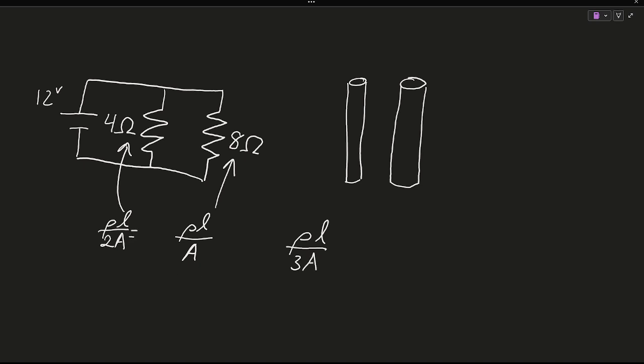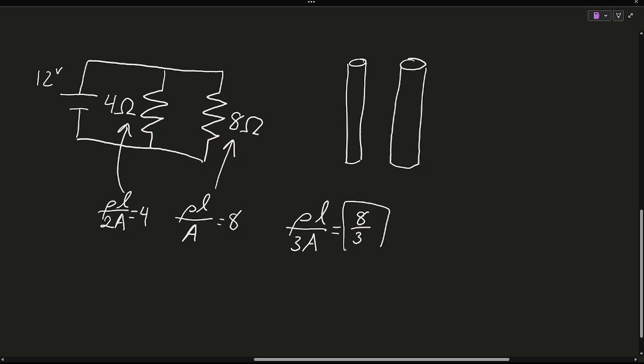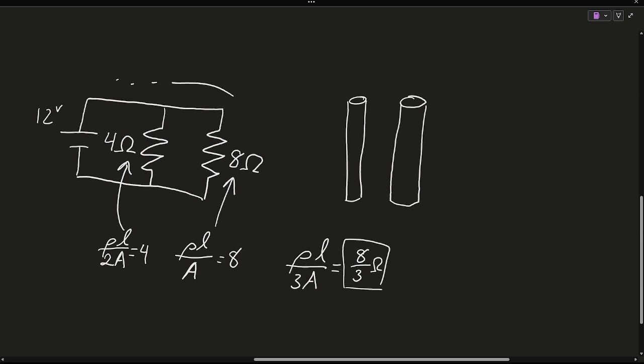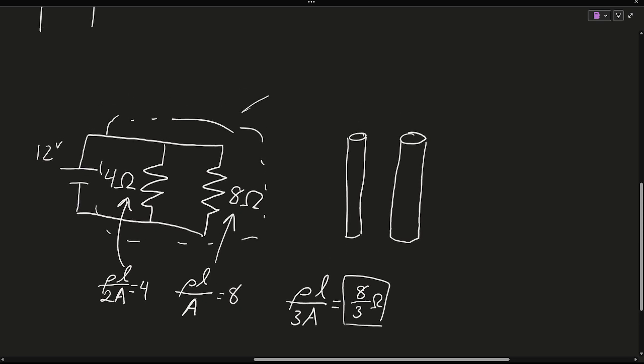So if this was equal to 4, and this was equal to 8, then this is going to be, let's see, we can just do 8 over 3. And there's your final resistance, the effective resistance of combining these two. In other words, now we can redraw our circuit to look like this.